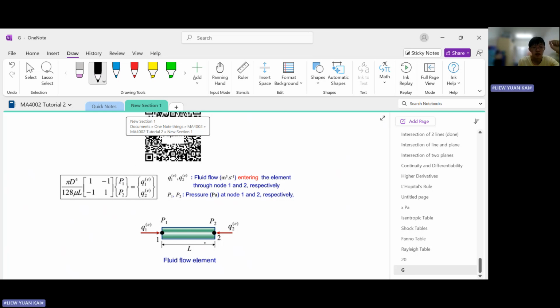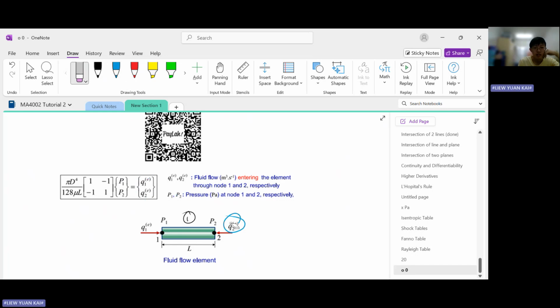Consider this pipe as element 1. The rate of fluid flow through node 1 is this term here, and the rate of fluid flow through node 2 is this term here.